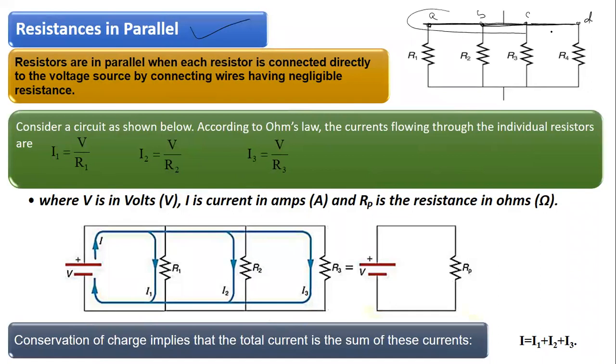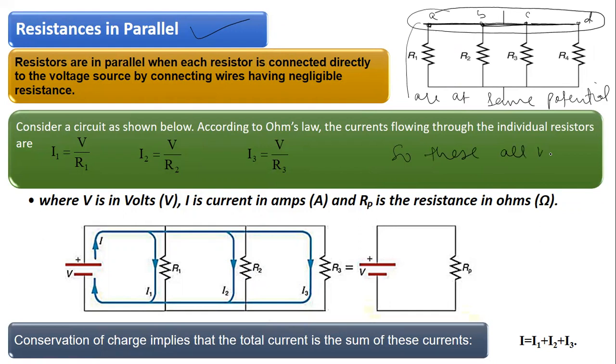So all these nodes here in this case are at the same potential. So all these nodes are one node, right?